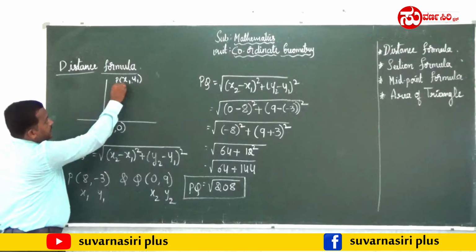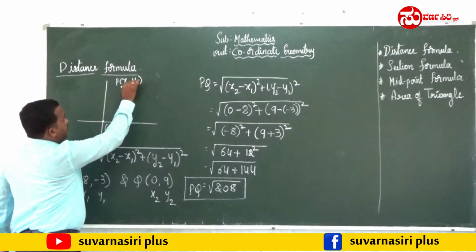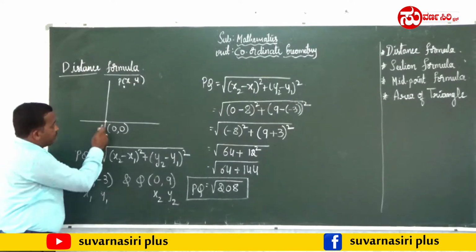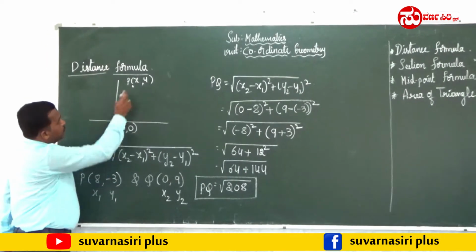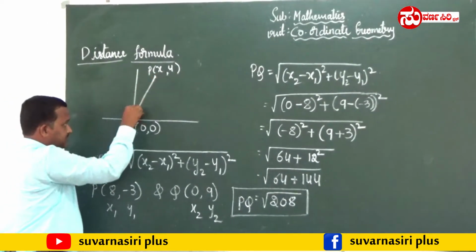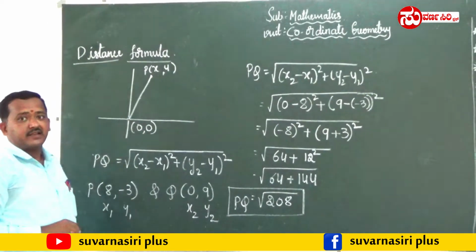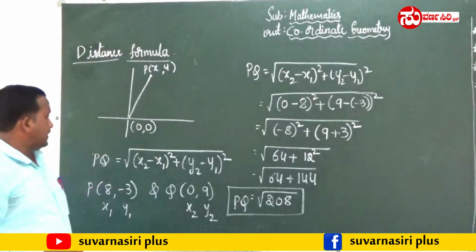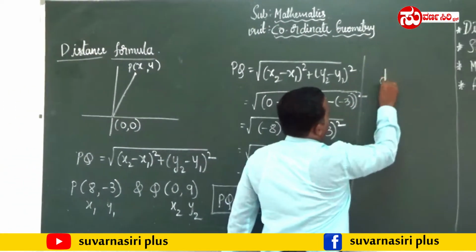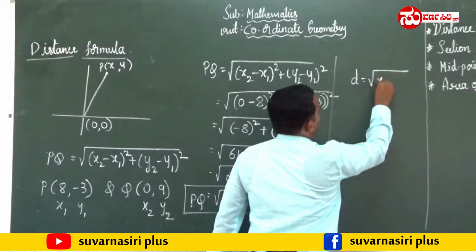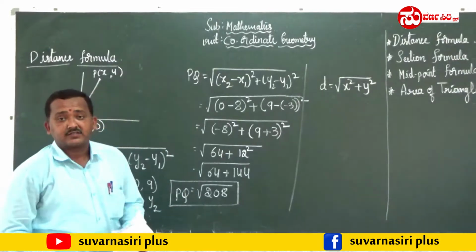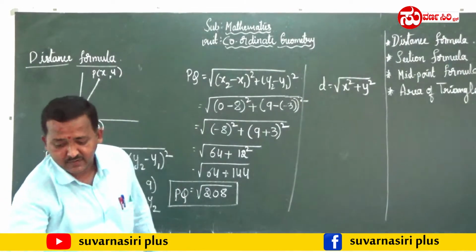If I want to find the distance of a point P with coordinates x, y from the origin, means how far this point P is from the origin, this distance can be calculated by a separate formula: d is equal to the square root of x square plus y square.